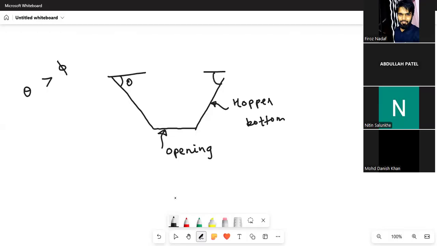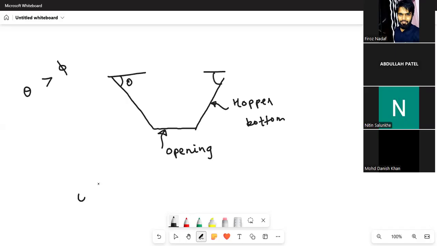Why is it so? If the angle of the hopper bottom is more than the angle of friction, then the materials can go out with respect to their weight. They can roll down on their own. What if the angle is less? If the angle is less, then because of the friction, the material can be retained. So the angle of the hopper bottom has to be more than the angle of friction, because when the opening is opened, the materials can roll down on their own.